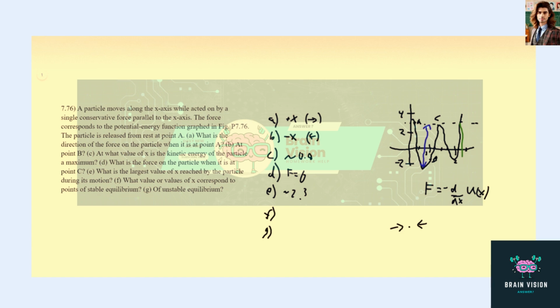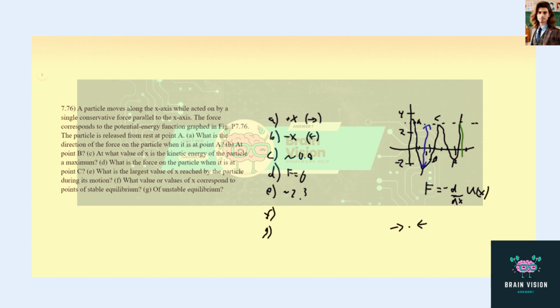That means we have a positive force, which means a negative slope, on the left side, and a negative force, which means a positive slope, on the right-hand side. Points where that occurs are right here and right here, at the troughs of the potential energy function.